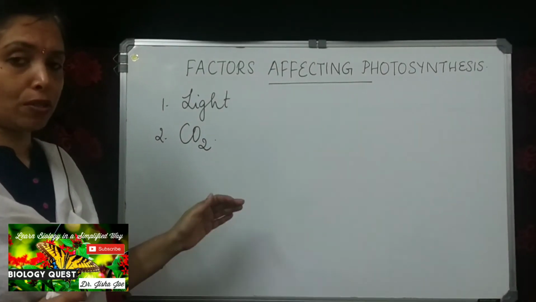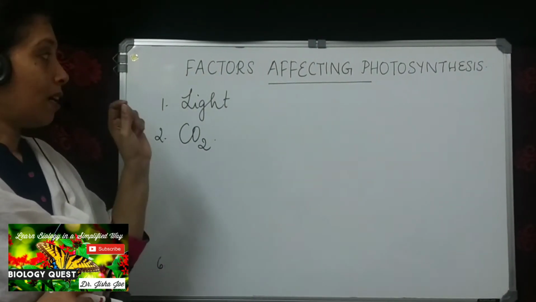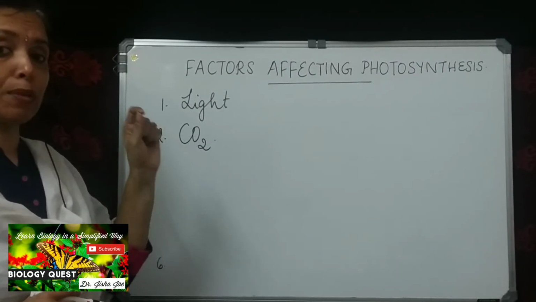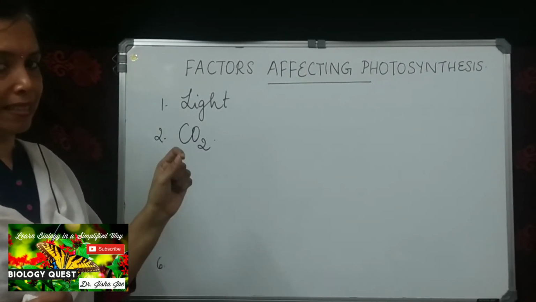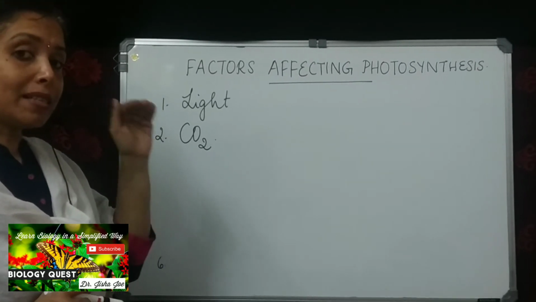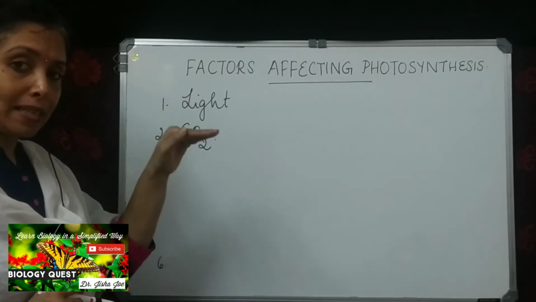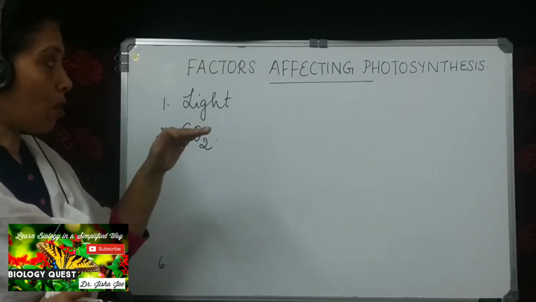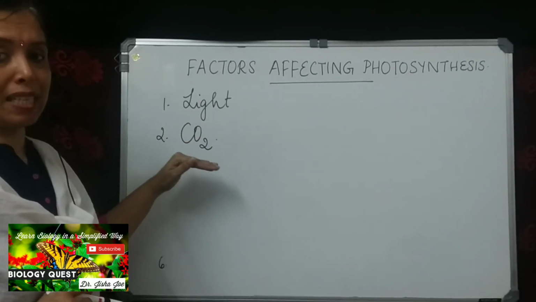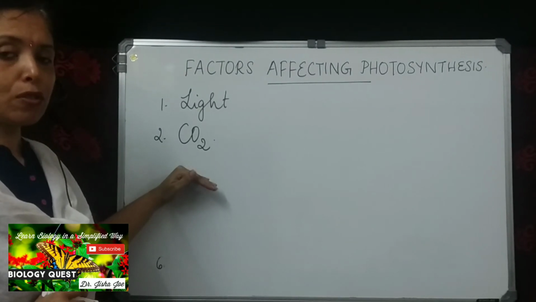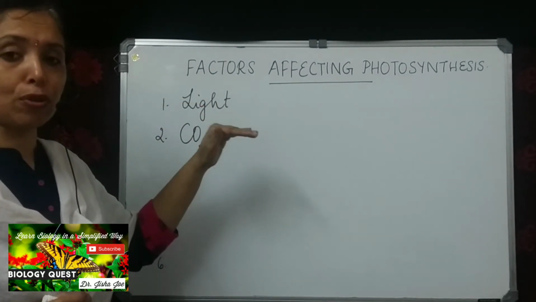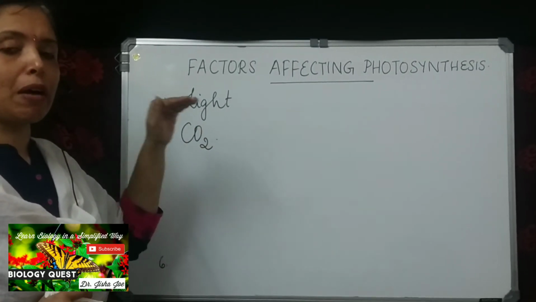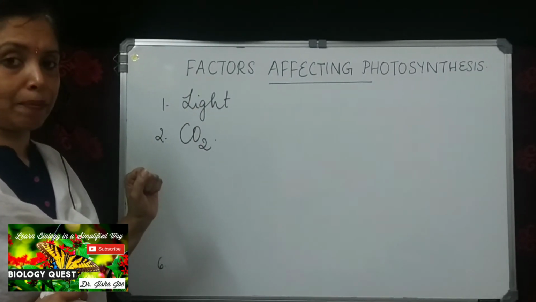The rate of photosynthesis will increase with increase in light intensity, but only to a certain limit. This limit is when the carbon dioxide becomes a limiting factor. So further increase in the rate of photosynthesis occurs only when the concentration of carbon dioxide is increased.